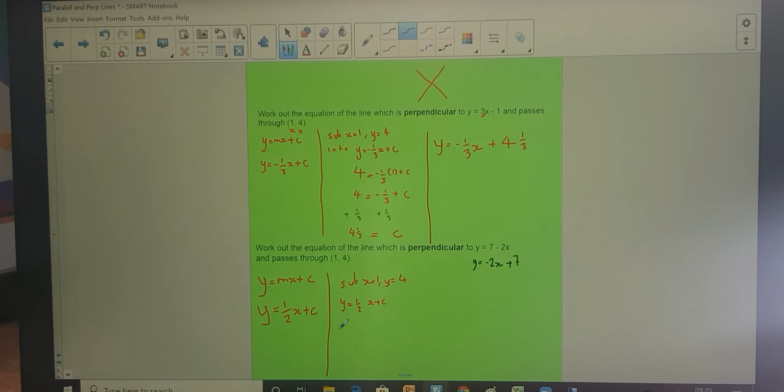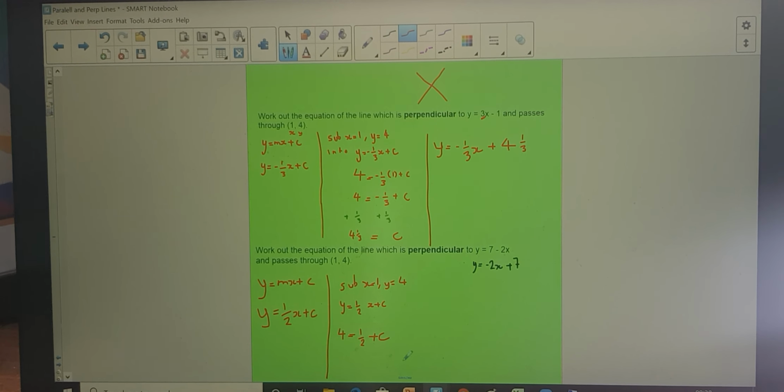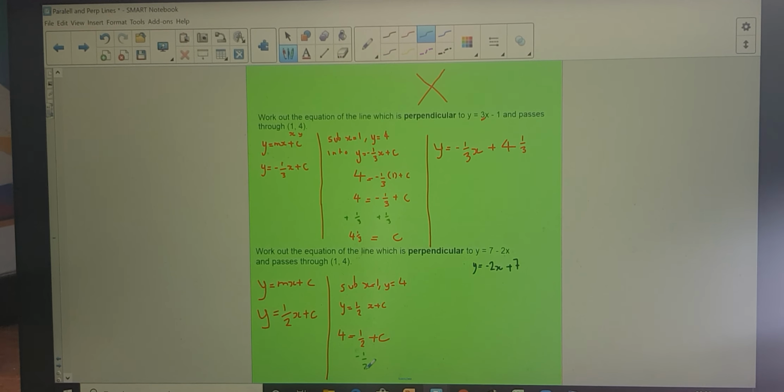Well, y is 4, and x is 1. So a half times 1 is just going to give me a half, plus c. So if I now take away a half on both sides, because that's a positive a half, isn't it?